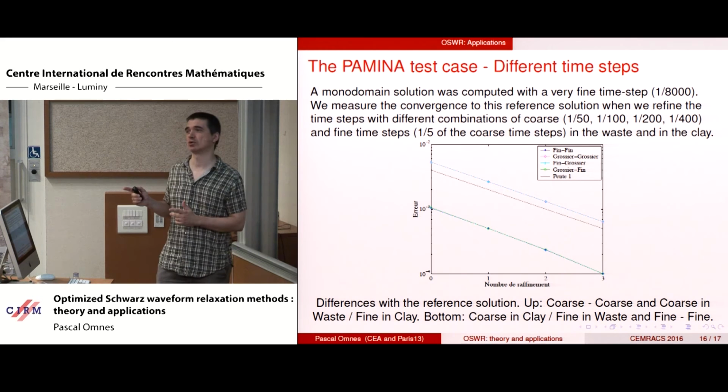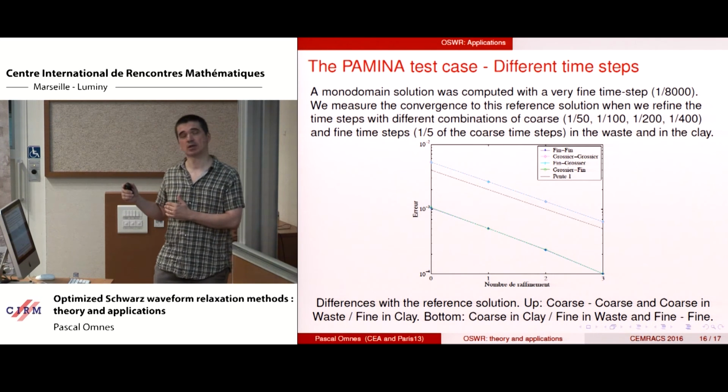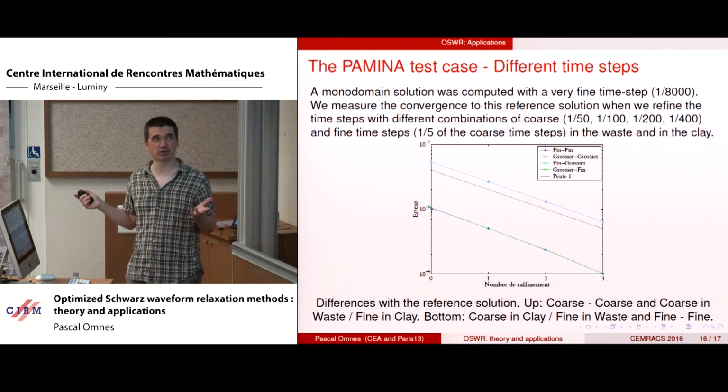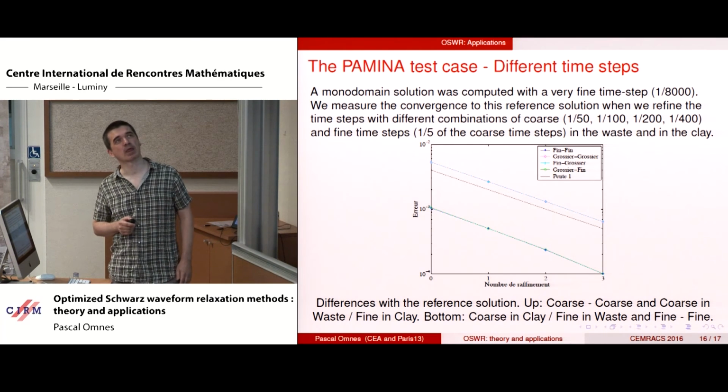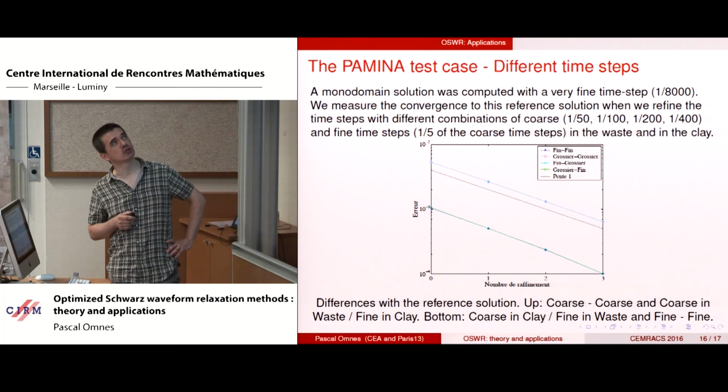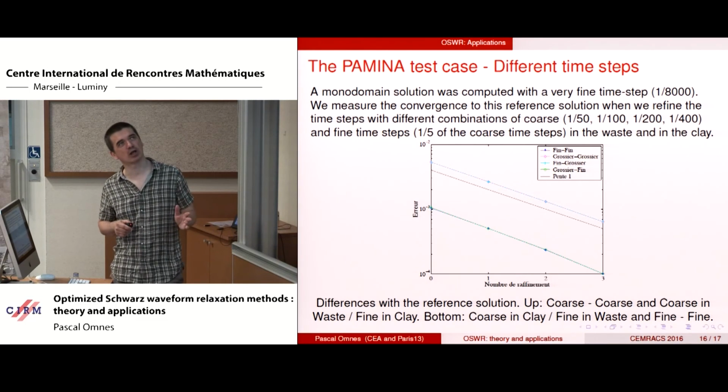But if you can use larger time steps in the large region, then you will be much faster. So what he did was to use different combinations of coarse time steps, given here, and of fine time steps, so 1/5 of these time steps, in the waste and in the clay.